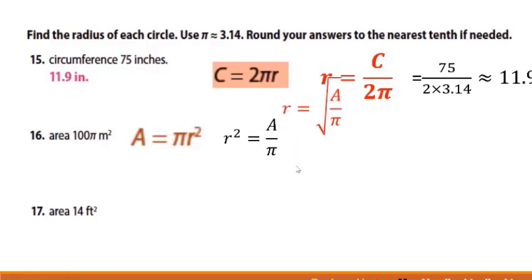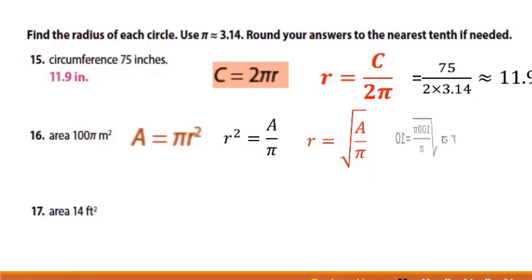To find just r, to cancel the power 2, I take the square root of the answer. So I make the square root of area divided by pi. It will be like this. So my area is 100 pi, so I put 100 pi like this, and divide by pi cancels pi, because anything divided by itself equals 1, cancel each other. So my answer will be the square root of 100. The square root of 100 is 10. So this is my answer, 10.